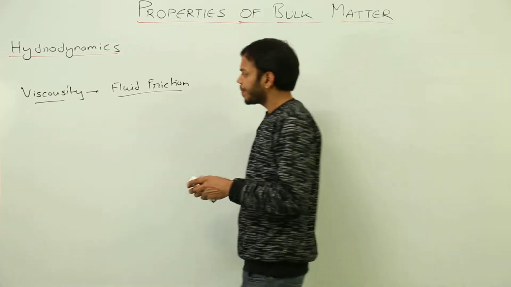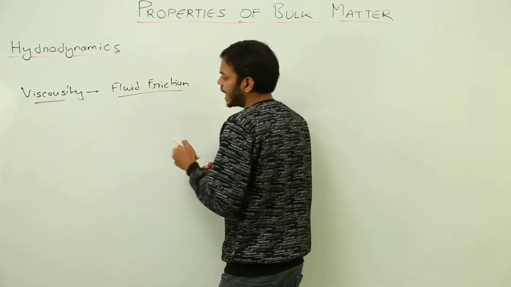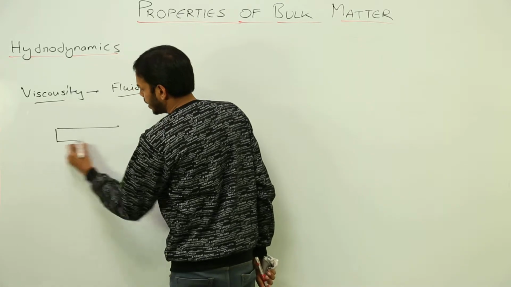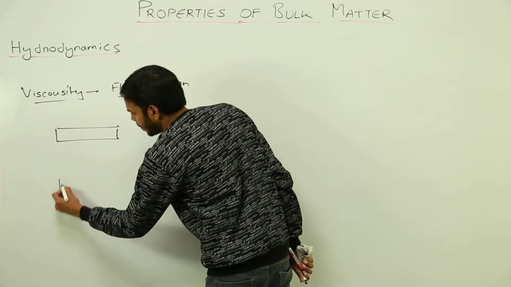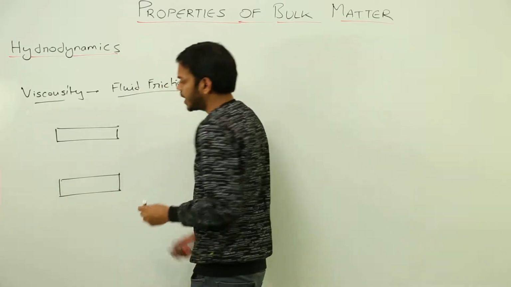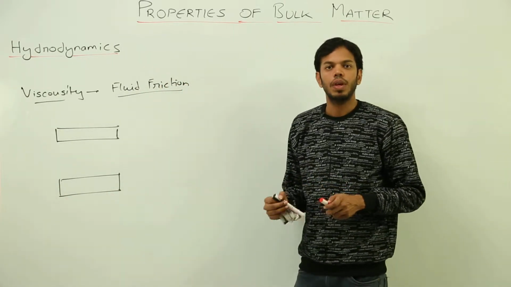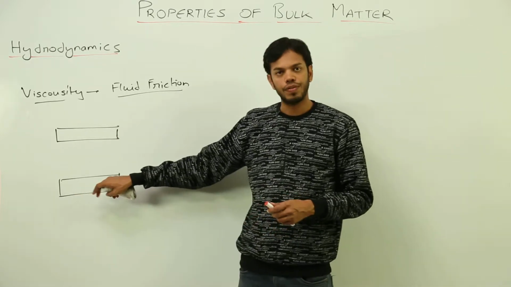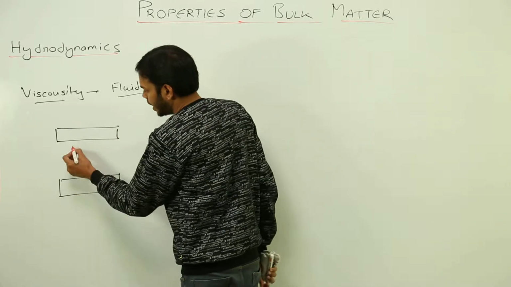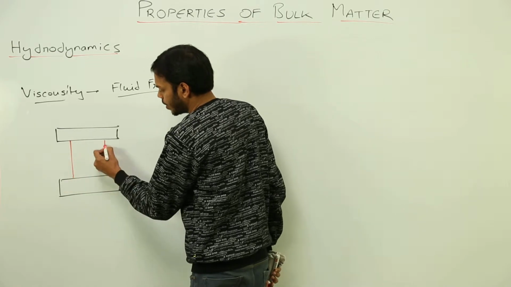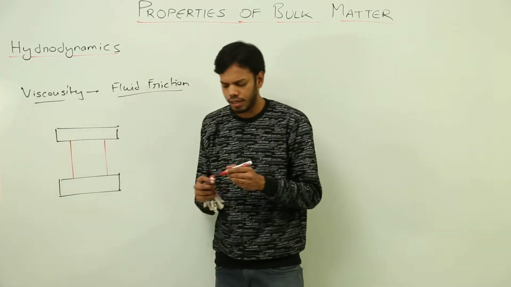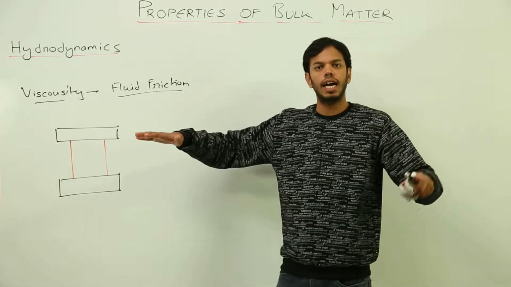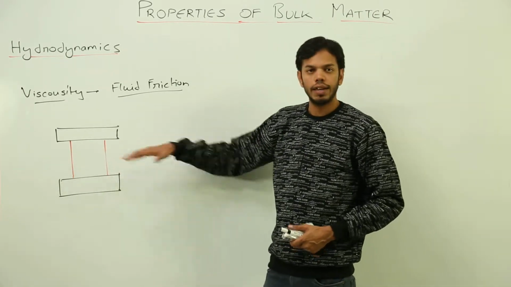So to understand the concept of viscosity, we have taken two glass slabs, and between them pour some oil. Now this lower glass slab is fixed, and consider this an oil layer. I've shown it like a rectangular segment, but let us say this is a large glass slab and this is the oil layer.